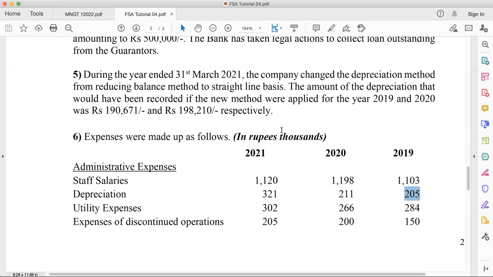But if the new method applied to 2019, the depreciation should be 191. Then how much over depreciation? So that over depreciation you have to adjust.